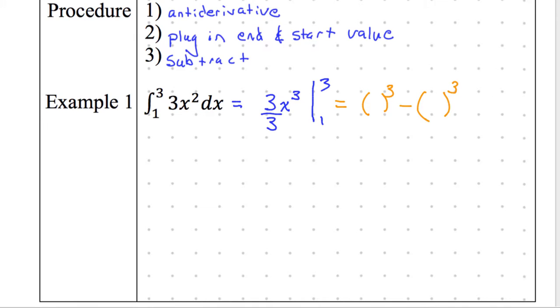So my value for my end was 3, my start was 1, and now this comes down here, and that evaluates as 3 to the power of 3 is 27. It's 3 times 3 is 9, 9 times 3 again is 27, minus 1 cubed, minus 1, and that finally turns into 26.